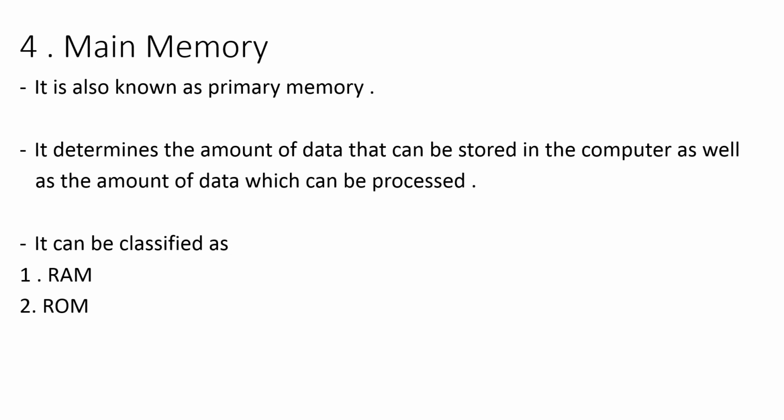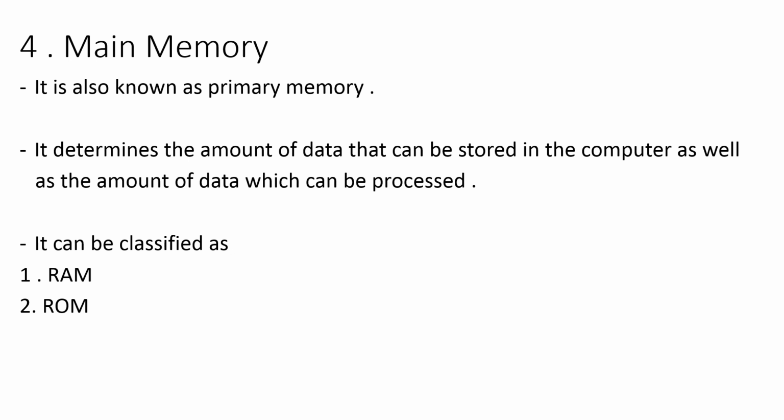What is the function of the main memory? It determines the amount of data that can be stored in the computer, as well as the amount of data which can be processed or executed. So the two functions of the main memory are the amount of data that can be stored in the computer and the amount of data which can be executed or processed.